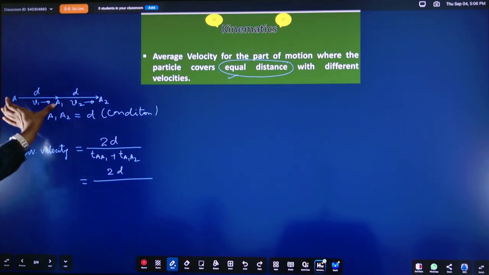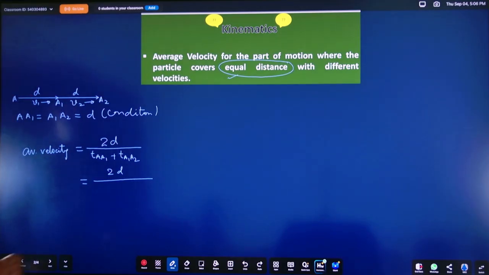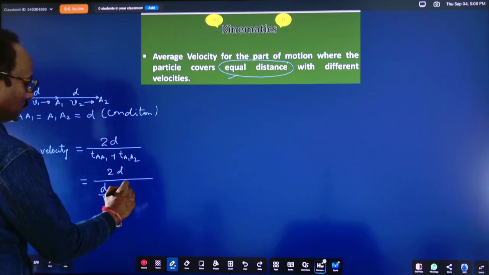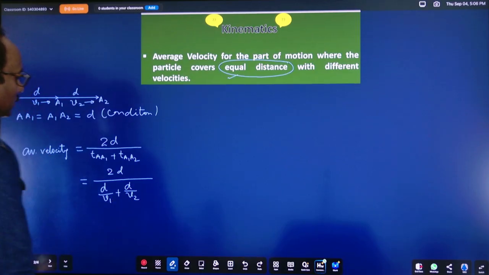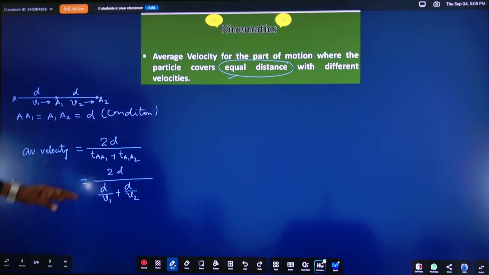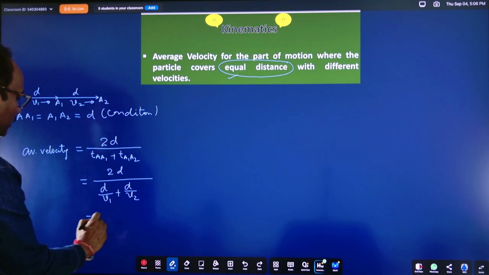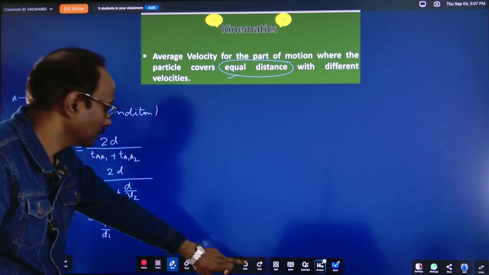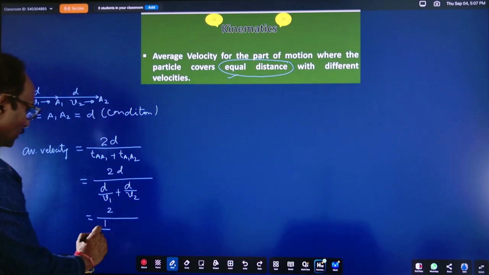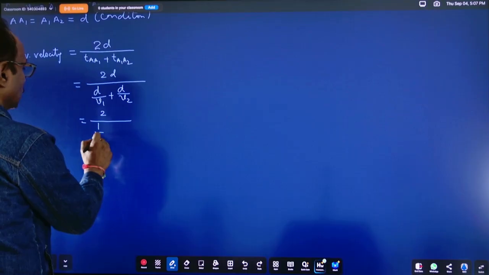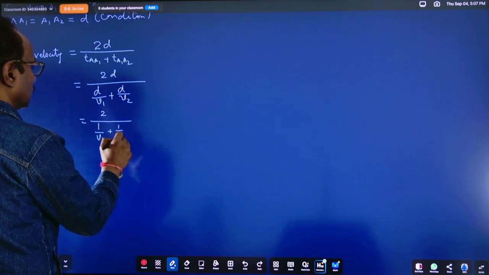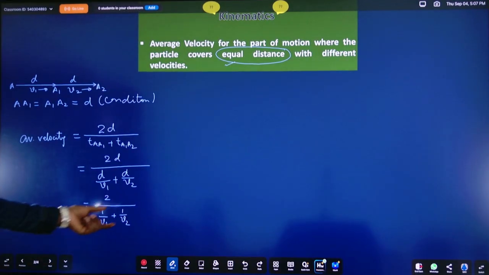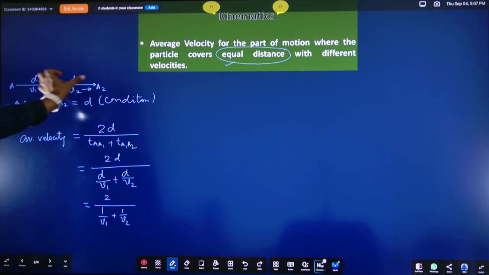Time taken from A to A1 will be distance is given, magnitude of velocity is given, from A1 to A2 is this, so d will cancel out, so your equation will become 2 divided by the sum of the reciprocal of the magnitude of the velocity.